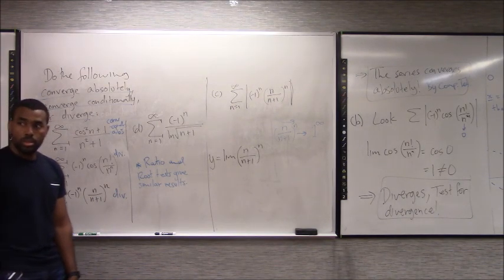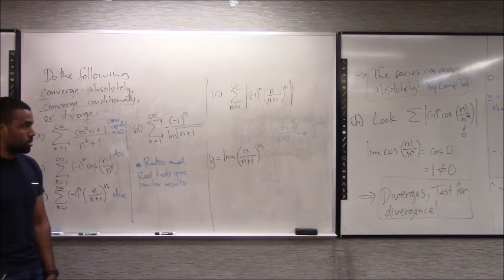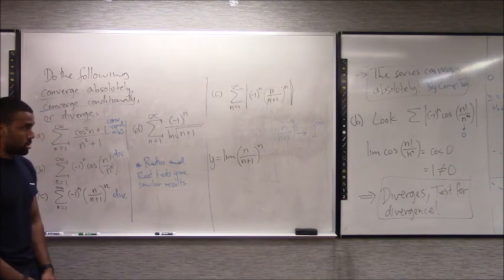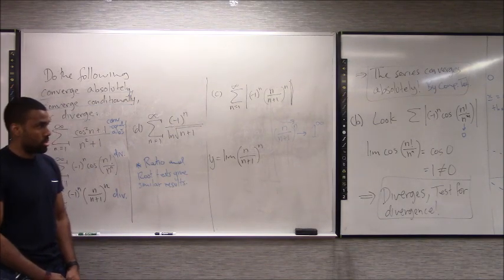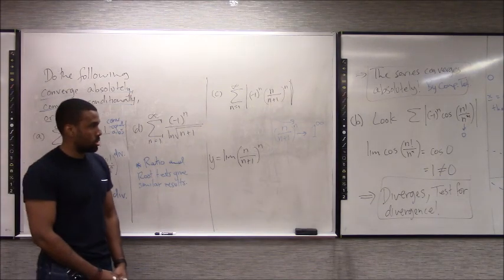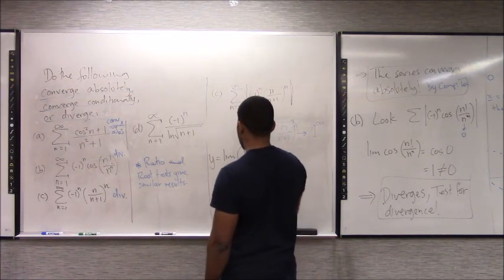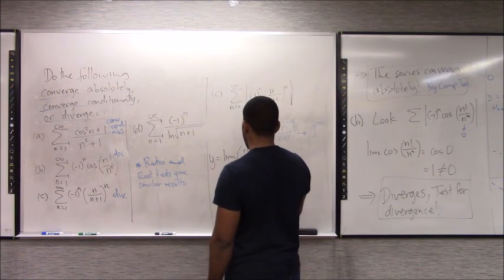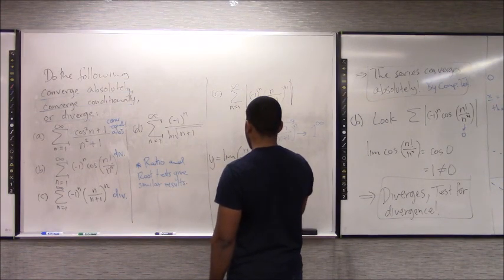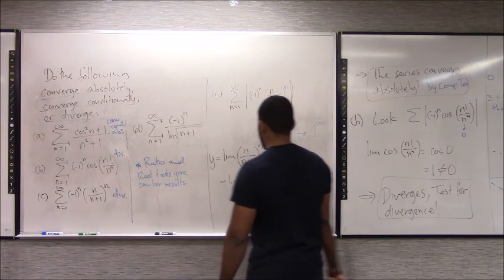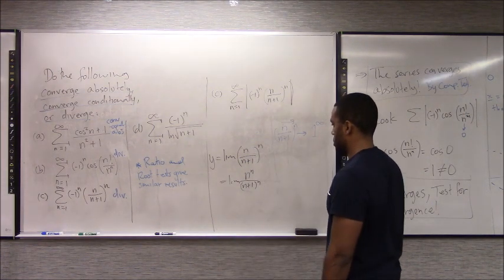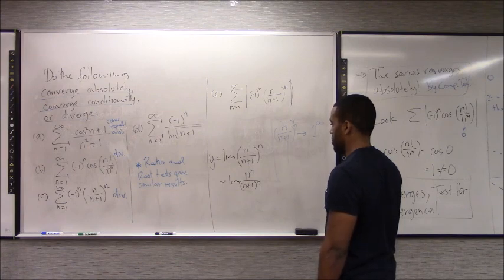How? We should just do it. With n over 1 over n plus 1. Oh, you want to write it as n to the n over n plus 1 to the n? To get infinity over infinity?